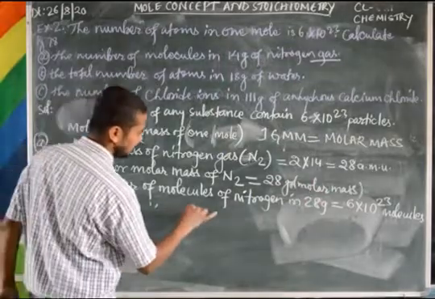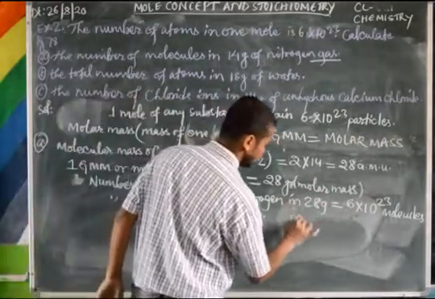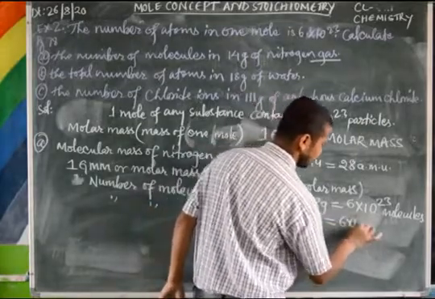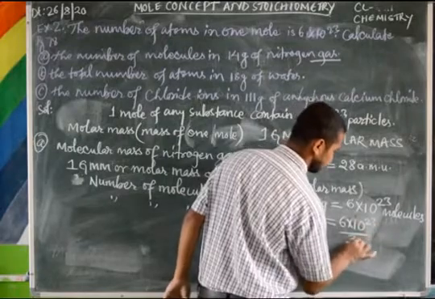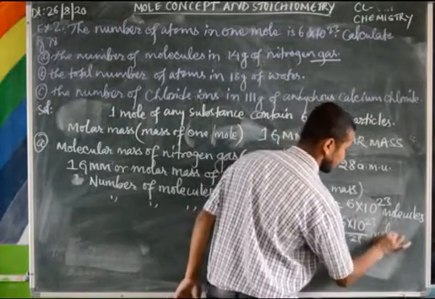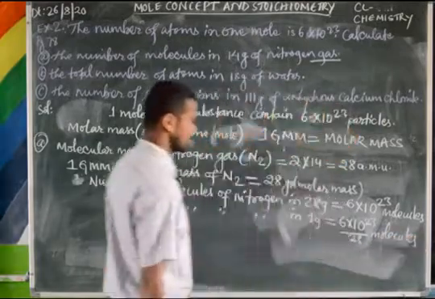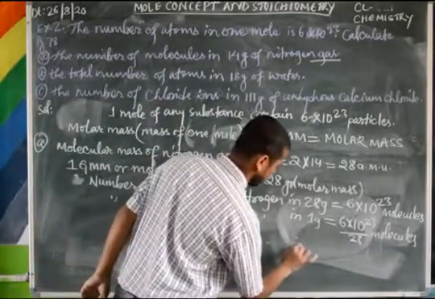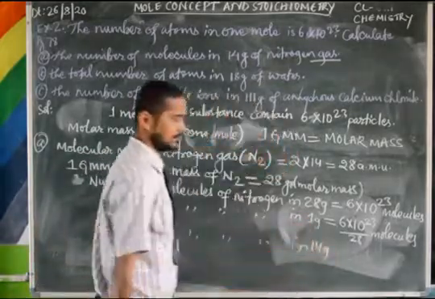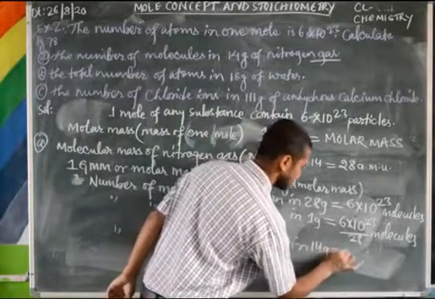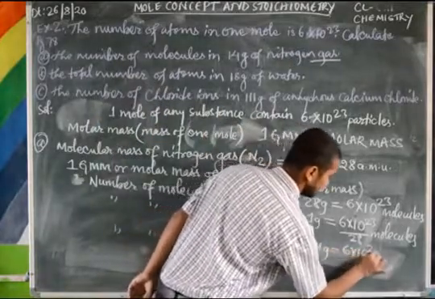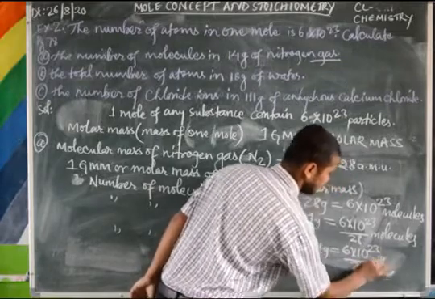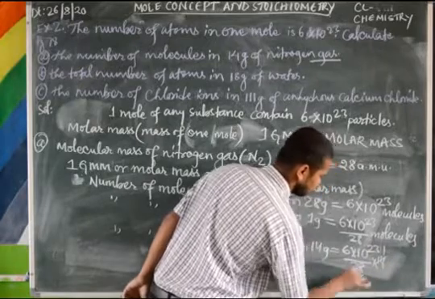Number of molecules of nitrogen in 1 gram is equal to 6 into 10 to the power 23 by 28 molecules. Then number of molecules of nitrogen in 14 gram is equal to 6 into 10 to the power 23 by 28 into 14. 14 1 14, 2 and 2, 2, 3, 6.